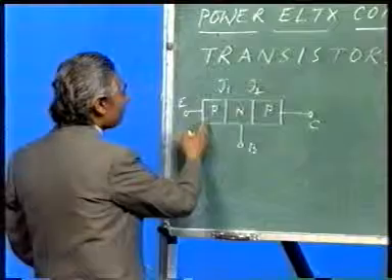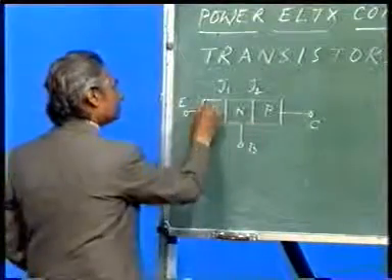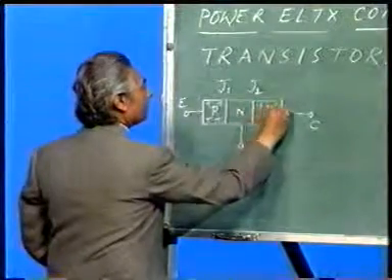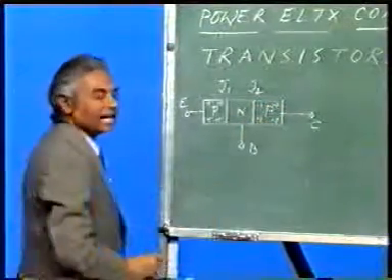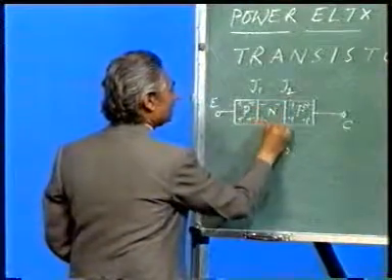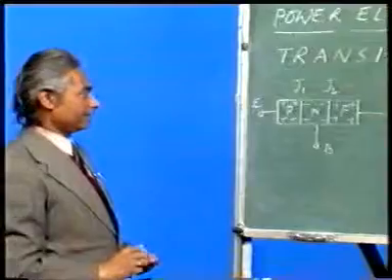Now I have drawn PNP type of transistor, which means this and this layer will have positive holes as majority charge carriers, whereas this will have negative electrons as charge carriers.